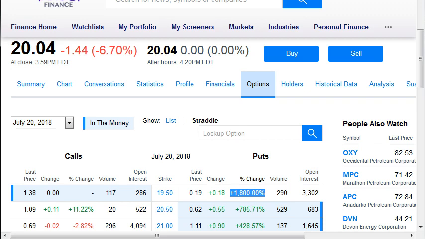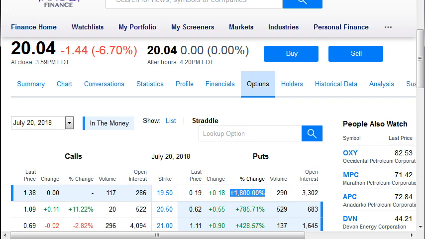These are all sample events that are going to move the company's stock price, and when the stock price moves a little bit, as you know, the options are going to move even more.